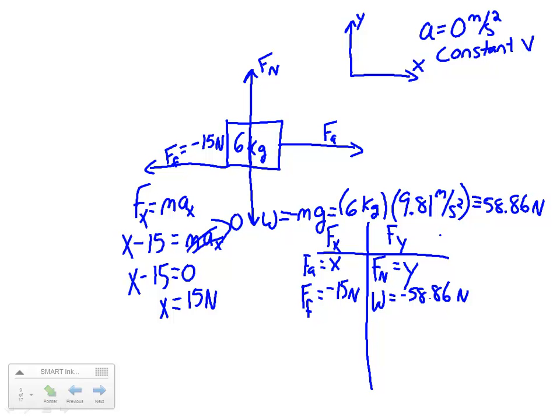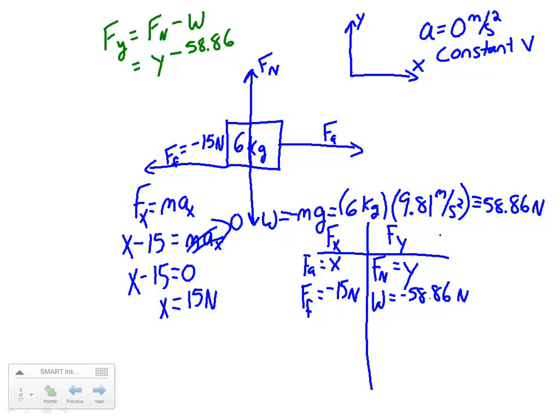How about in the y direction? I'm actually going to change colors for this one. In the y direction, I have the normal force minus the weight. The normal force I don't know, and the weight I know is 58.86.